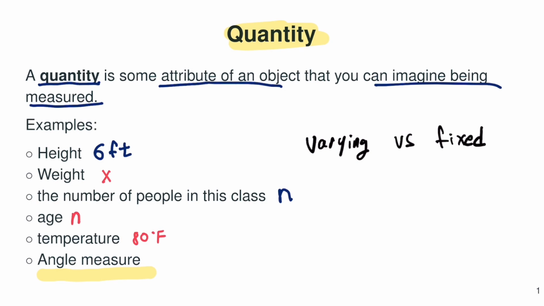For example, the number of people in this class could change depending on more people enrolling or withdrawing. Things like the amount of cars I own, I only own one car, so that would be a fixed quantity. One thing to highlight is that not all quantities are fixed. Many times, a lot of the quantities we deal with in math are varying. It changes.